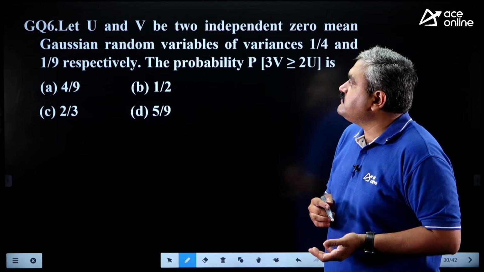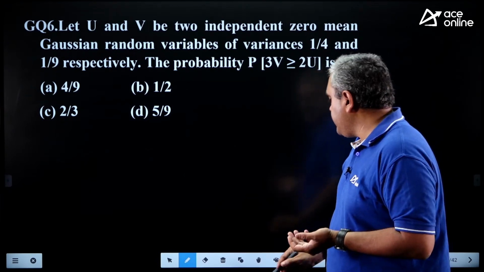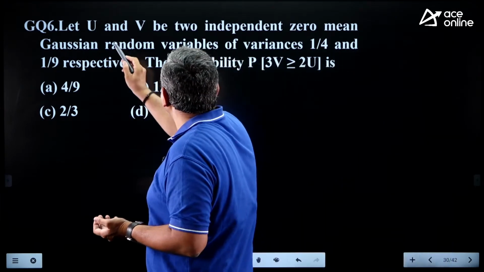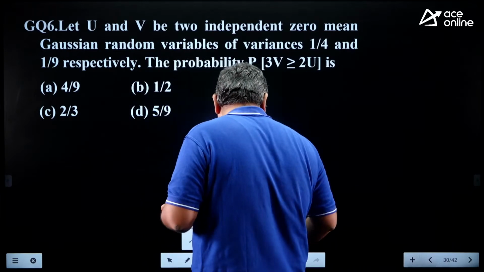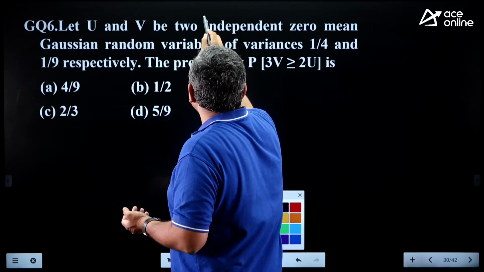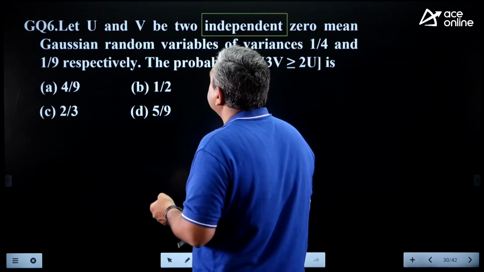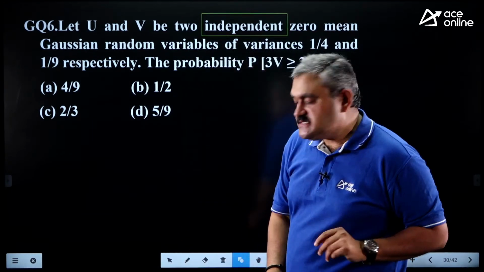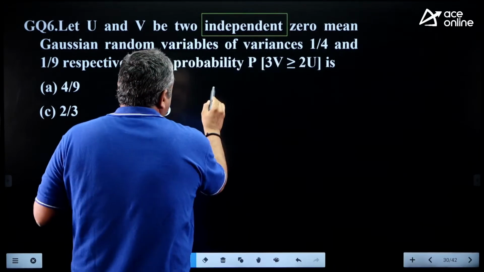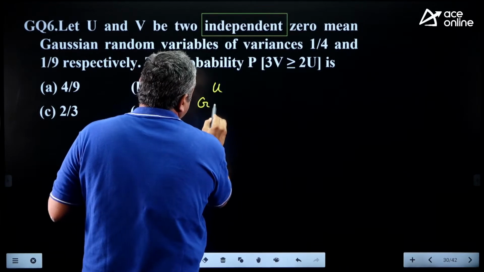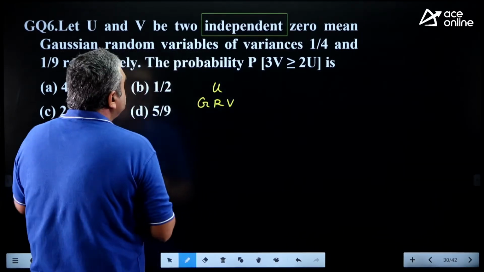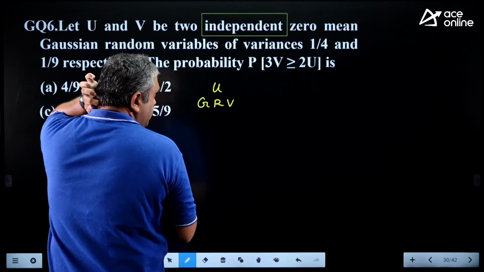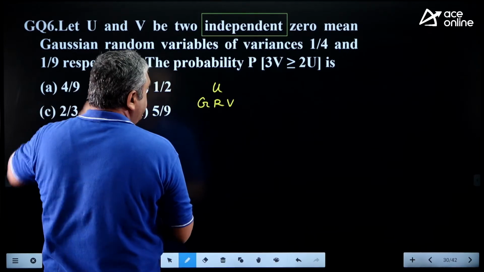Again you see this concept, u and v be two independent random variables. So here again the same concept. He is concentrating on independent random variables. But the nature of the random variable is given to you. So what is the data? U is taking the form of a Gaussian random variable whose value of mean and variance is given.